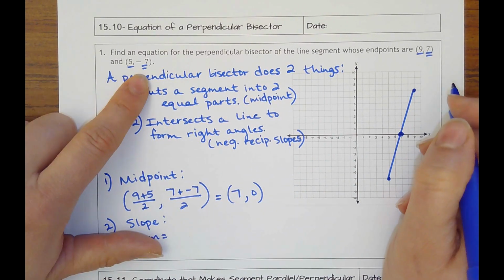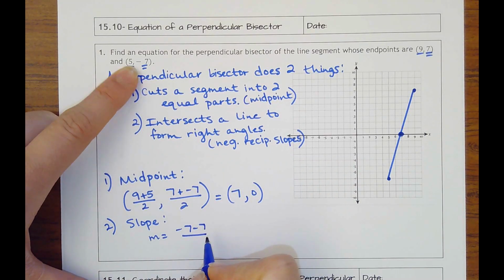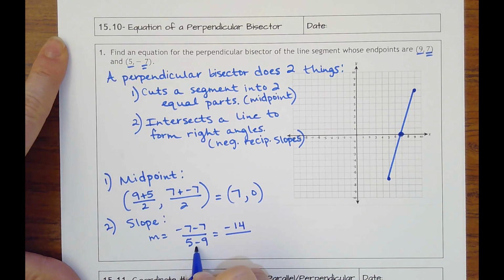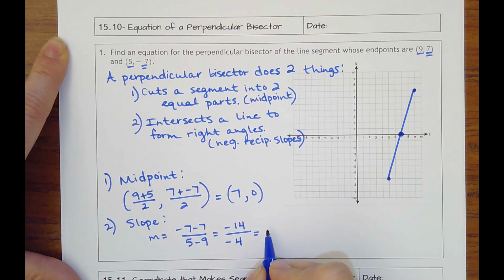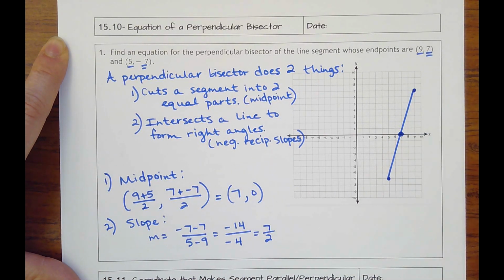So that would be -7 minus 7 over 5 minus 9. That would be -14 over -4. Negative divided by negative is going to be positive, and then I can divide each number by 2. That would be 7/2 is my slope. Or I could count, like I said, up 7, right 2 is the slope.